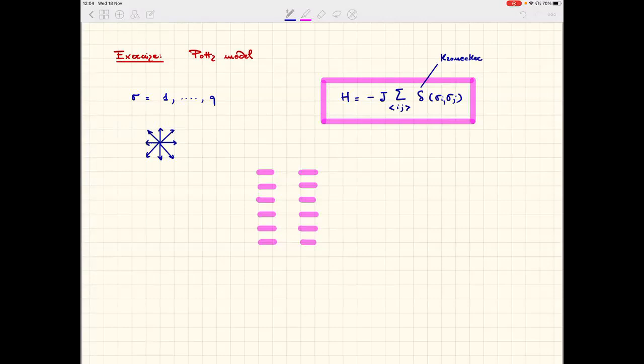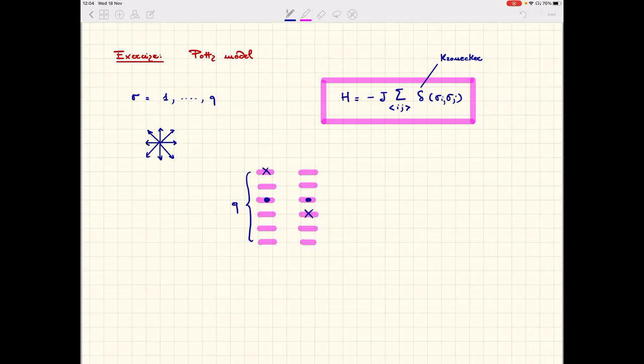Okay, so you can visualize it as follows. On any site, imagine that you have q possible values that you can have. And now, if two neighboring guys are on the same level, right, then you get an energy minus J. If they are on different levels, like this one and this one, you get 0.